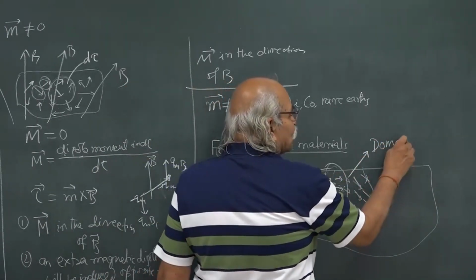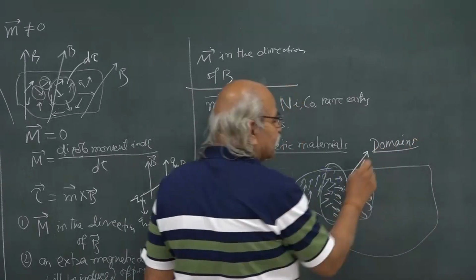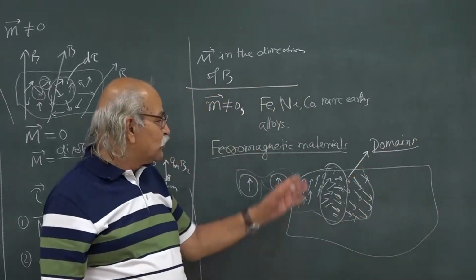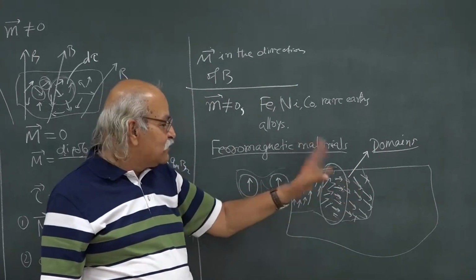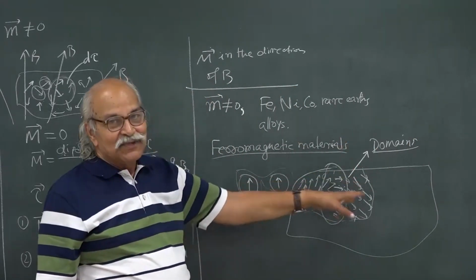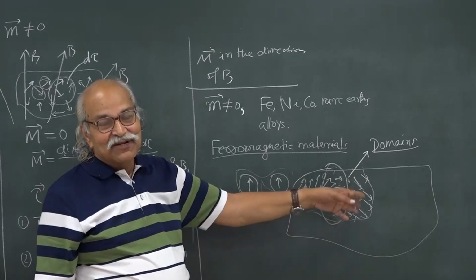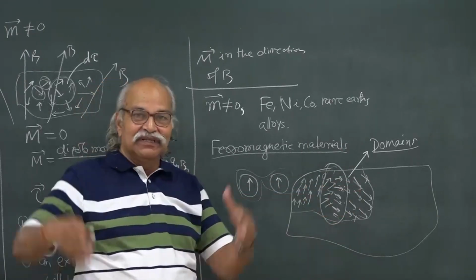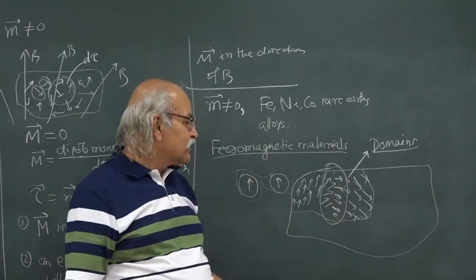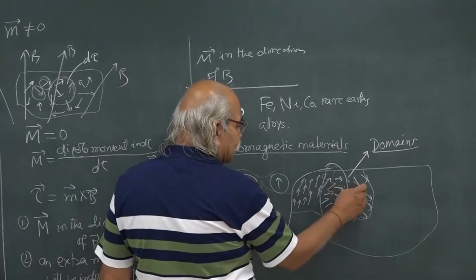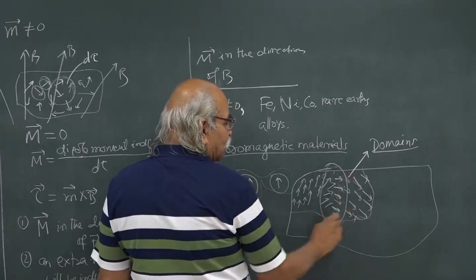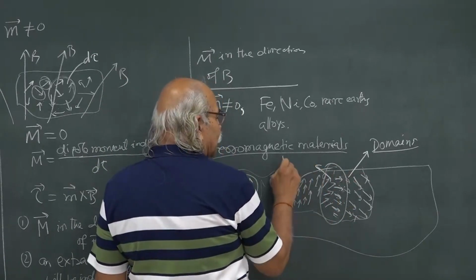You have qualitatively learned all these things in school, that in ferromagnetic materials you have domains, and all the atoms in the same domain have the same orientation, and the number of atoms in a domain may be billions and billions. And this is known as the transition from one domain to another domain. That region is known as the domain wall.